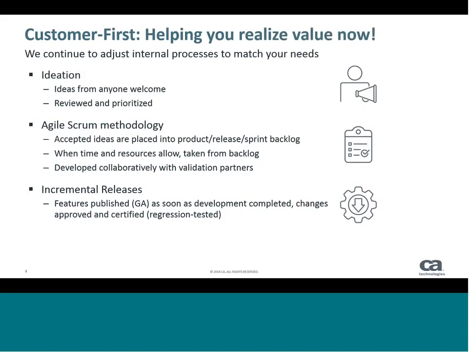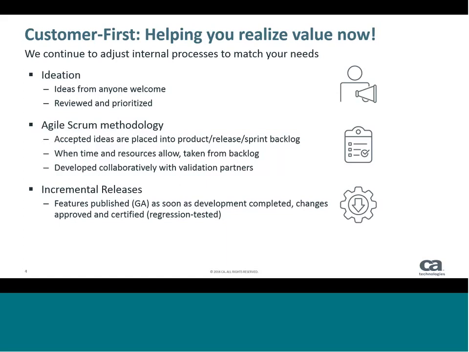And that requirement typically comes through our ideation platform located at the communities. Anything and everything is welcome. Many of you are not shy about submitting your ideas. We go through the entries in the ideation community on a regular basis. They're reviewed, they're prioritized, we talk about them at a high level. And then, Pete, what happens after that?